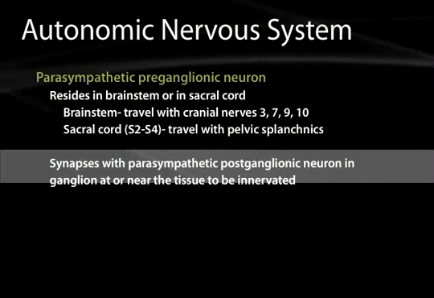So this is one of the differences between the parasympathetic system and the sympathetic system. The sympathetic system may have its postganglionic neuron travel quite a distance to reach its target tissue, whereas the parasympathetic system usually has a very short postganglionic neuron. You'll see this in some of the reflexes that we're about to cover.